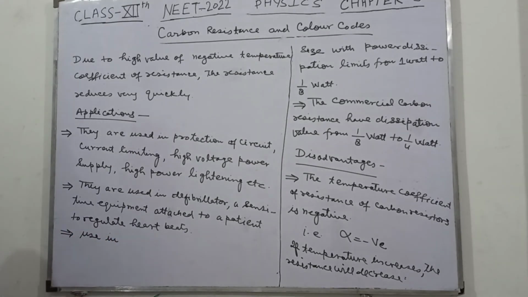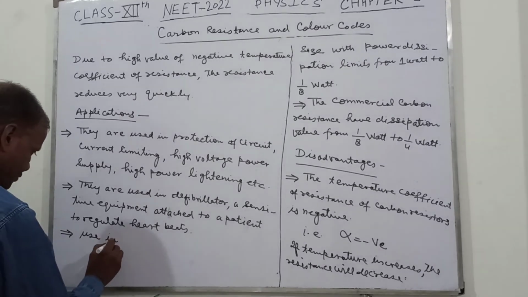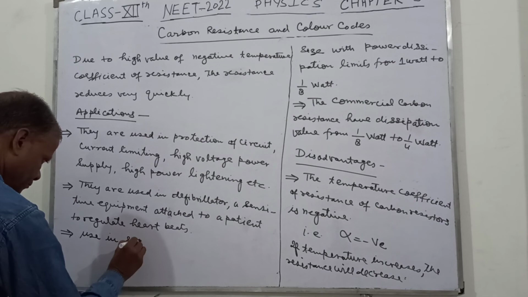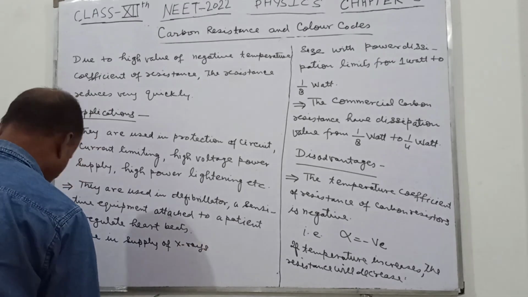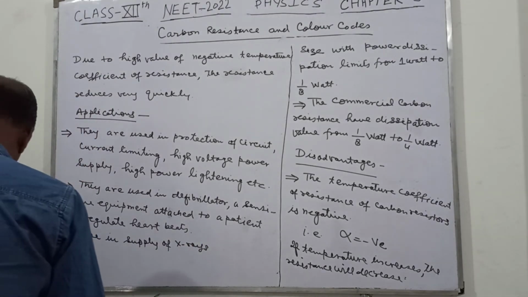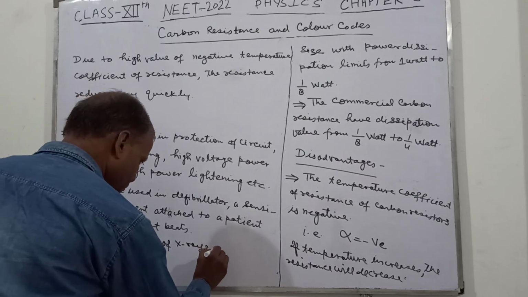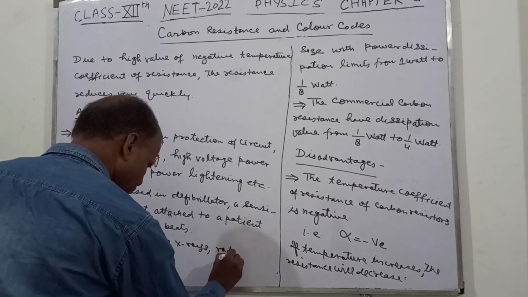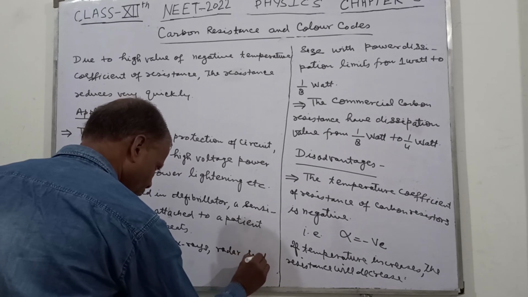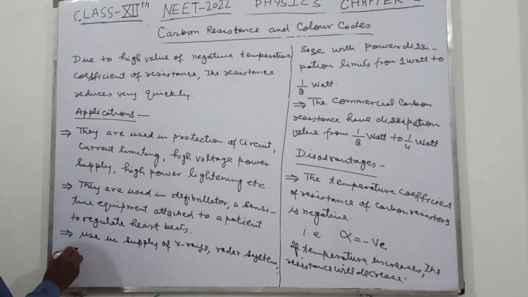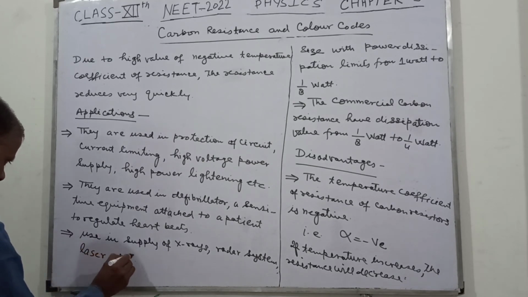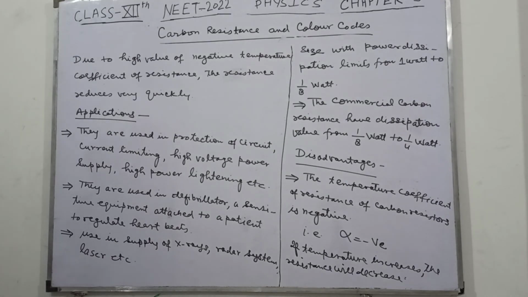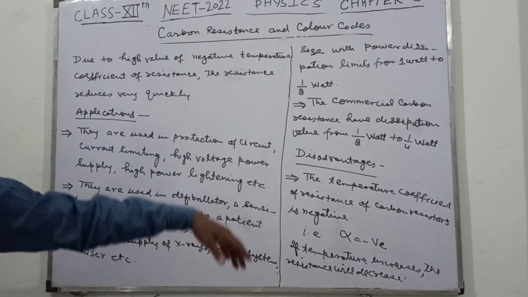Also used in supply of X-rays, radar system, laser, etc. So because of this, the carbon resistors are widely used and they are very much beneficial.